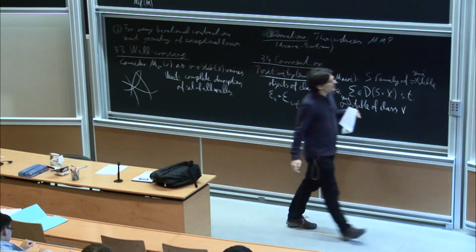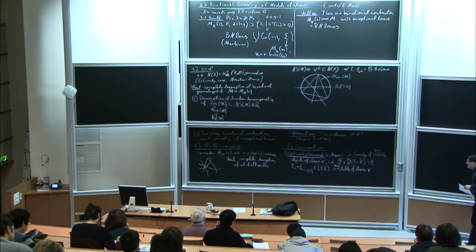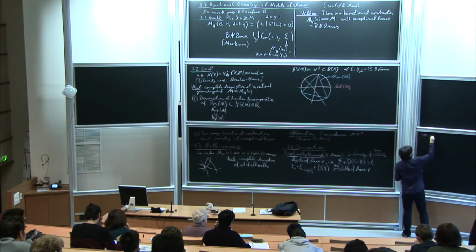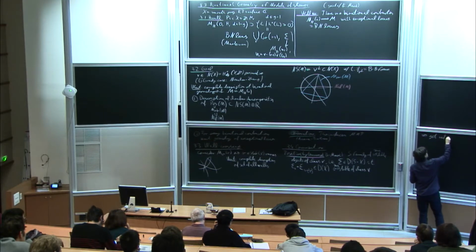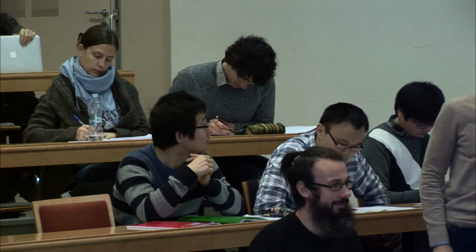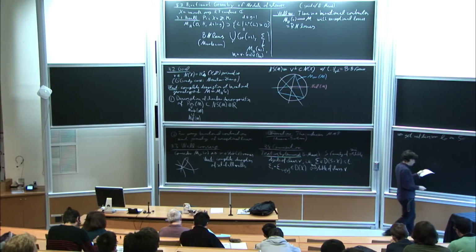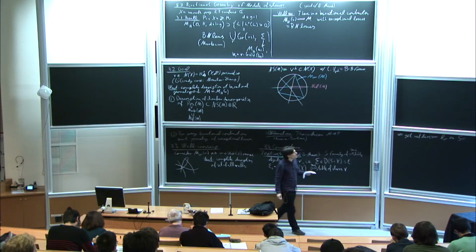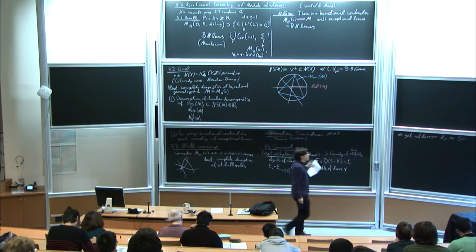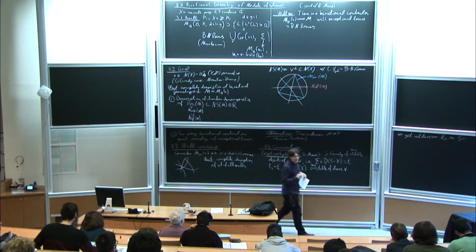Then the claim is that to this situation one can automatically associate a nef divisor on S. Then we get a nef divisor L_sigma on S. Let me also write down the formula just to stress that there are no choices involved.